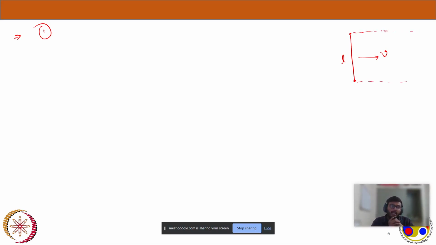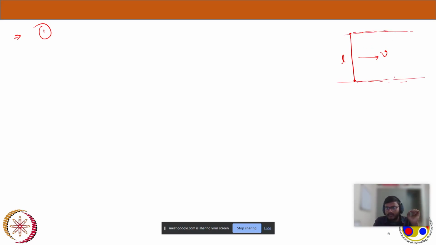Now, let there be a magnetic field. Let's say we are placing that particular conductor, which is moving with a velocity v, and let there be a magnetic field present all along this plane. In this diagram, the conductor is placed here, and this is the entire plane.